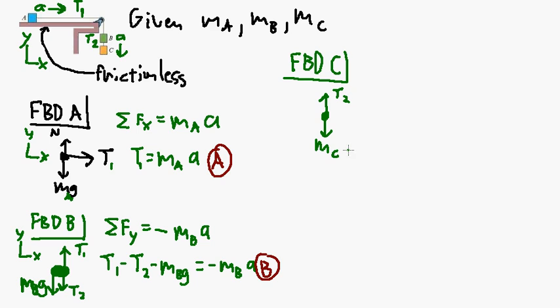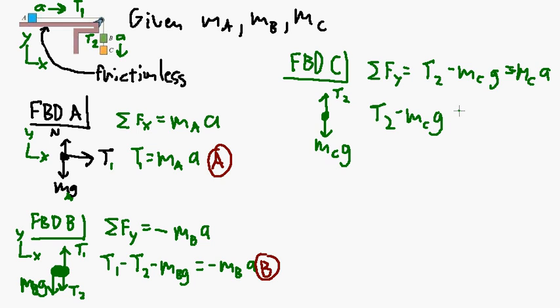Sum of forces in the y direction is T2 minus mass of C times G, and that equals mass of C times acceleration. Block C is accelerating downward, so we need negative mC times A. So T2 minus mC G equals negative mC A.